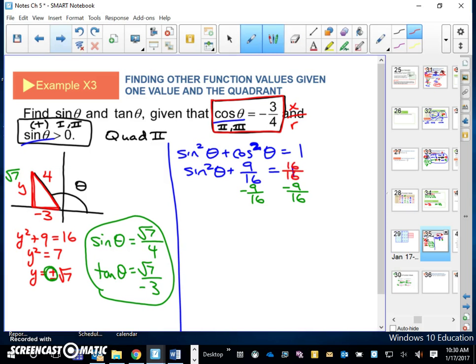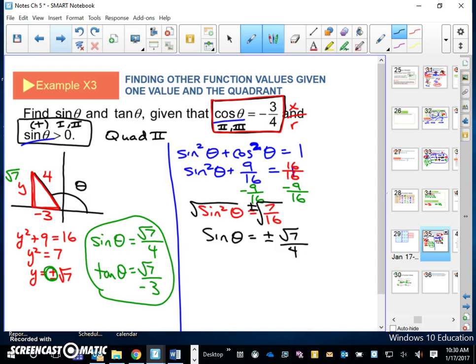Change that 1 into 16/16 so that you can subtract your fractions. You get sine squared theta equals 16 minus 9, which is 7/16. I need to isolate my trig function, so I'm going to take the square root. Actually, it's the plus or minus square root. So sine theta is going to equal plus or minus square root of 7 over 4, because the square root of 16 is 4.